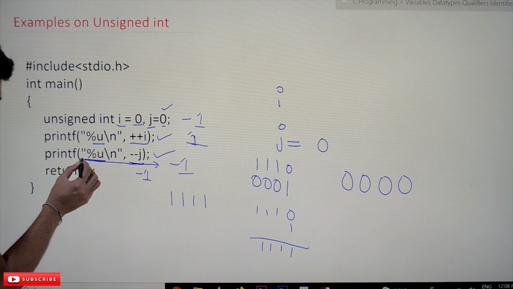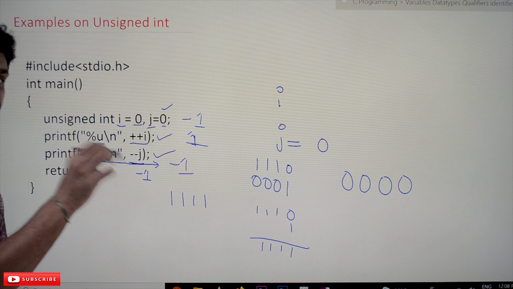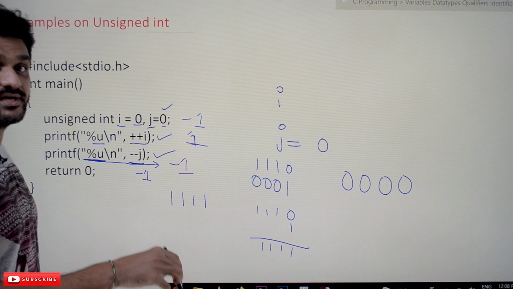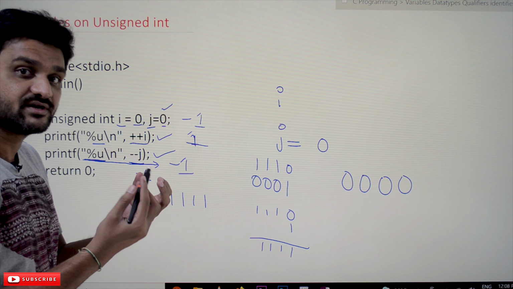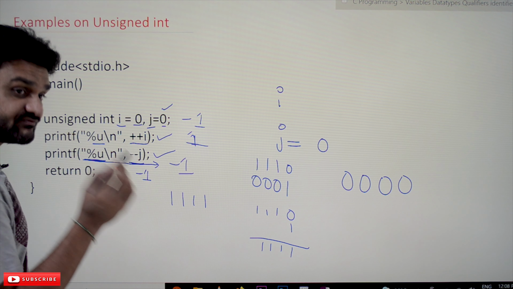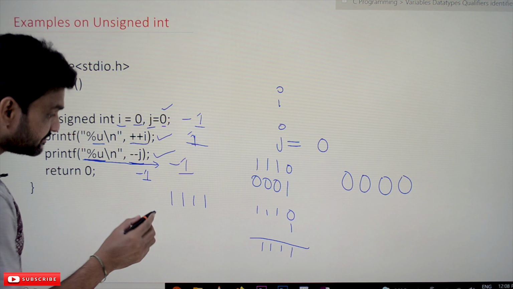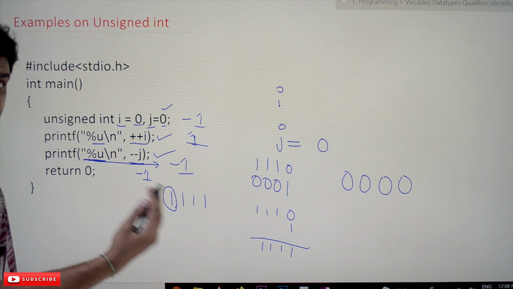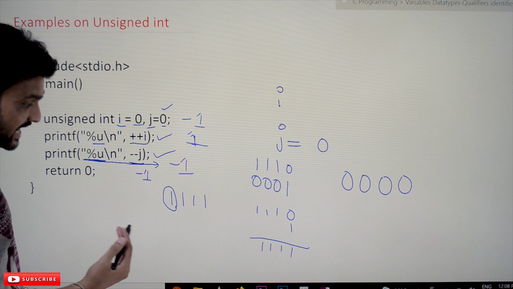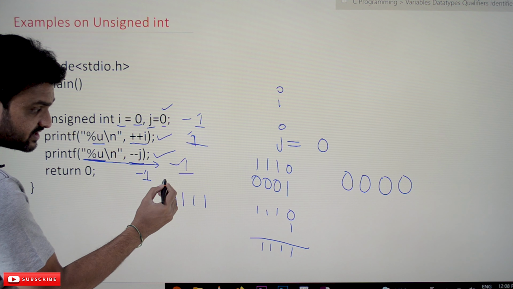In this we are having %u. Percentage u means unsigned number. How does the computer recognize numbers? If the number is a negative number, the last bit, the most significant bit, is used for sign.